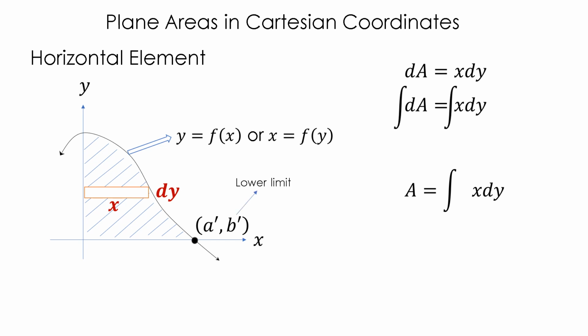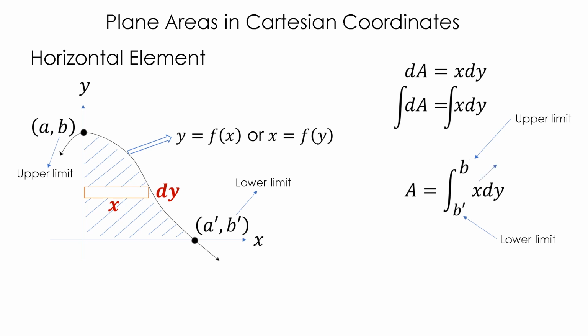B prime is the lower limit. This lower limit is the lower limit of our integral. If we consider another point, whose coordinates will be equal to A, B. B is the upper limit, and this upper limit is the upper limit of our integral, which is B.